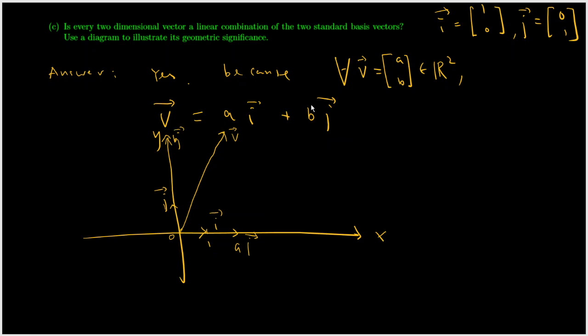So do you see V as a linear combination of I and J? V is a linear combination of I and J as AI and then plus BJ. You see a rectangle in here, right? That's the geometric meaning of any vector in R2 is a linear combination of I and J. I hope it makes sense.